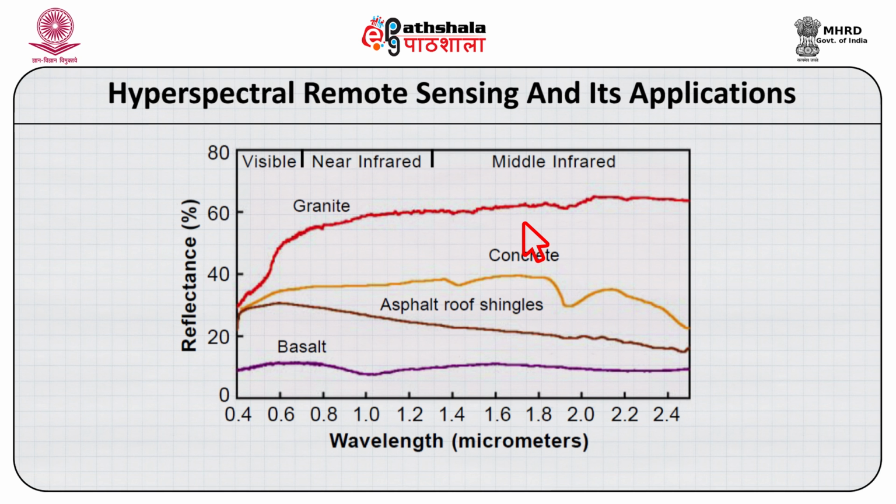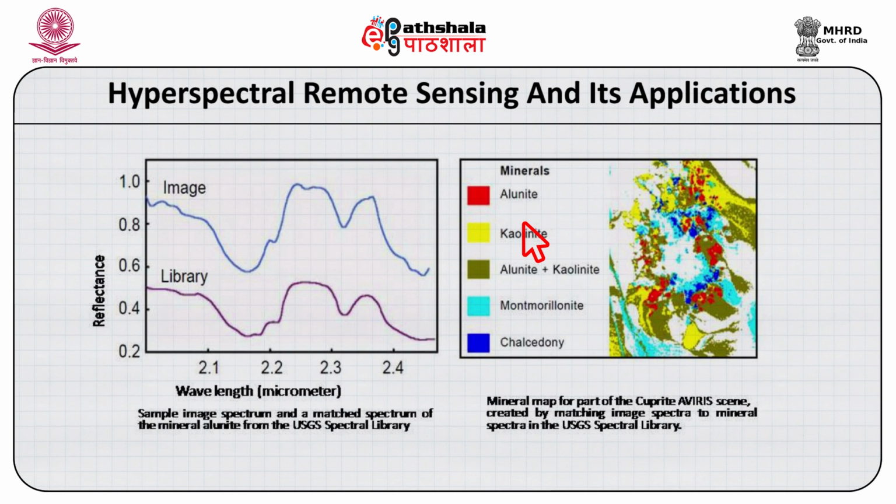Now, if you see figure 10, we have seen almost a similar thing, that we do have a spectral library. Figure 10 clearly shows that if we have concrete surfaces, basalt surfaces, or asphalt surfaces, anywhere in India or any part of the world, if the same material is there, it will behave similarly.